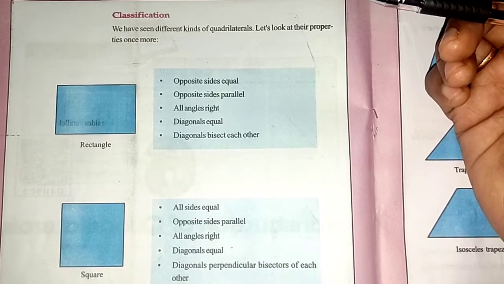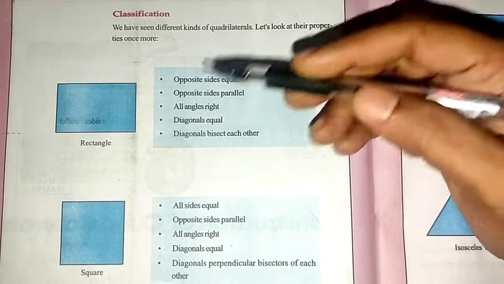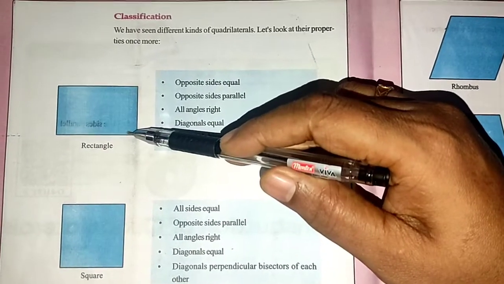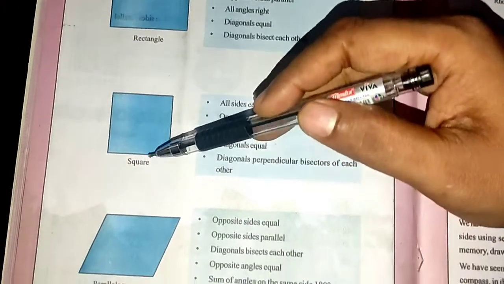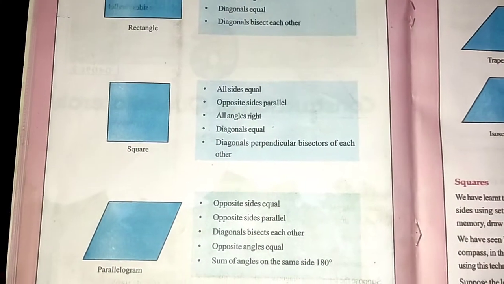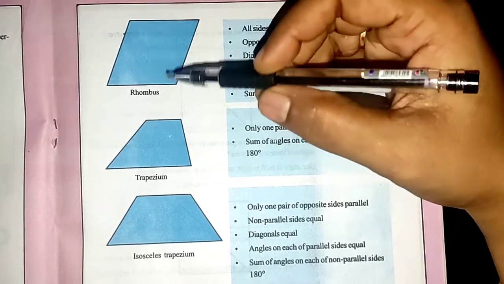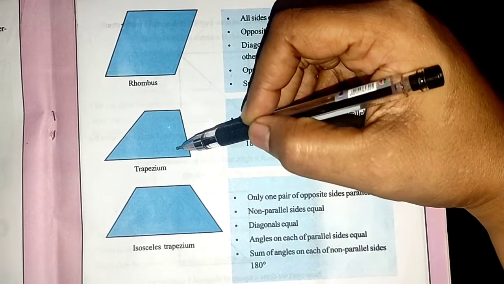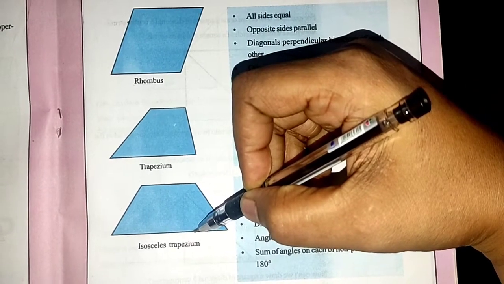There are different types of quadrilaterals: first one, rectangle, second one, square, third one, parallelogram, fourth one, rhombus, fifth one, a trapezium, and finally isosceles trapezium.